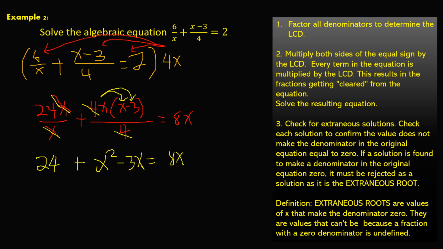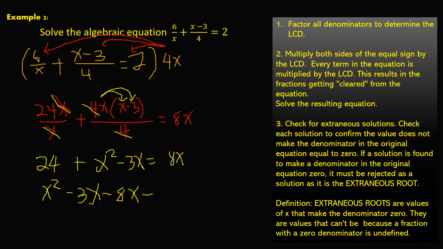So obviously we have eliminated the denominators and are arranging these terms so that we can form a quadratic equation where the quadratic term appears first, and the linear terms, which are 3x and 8x, should be transposed to the left side, so the sign becomes negative from positive.